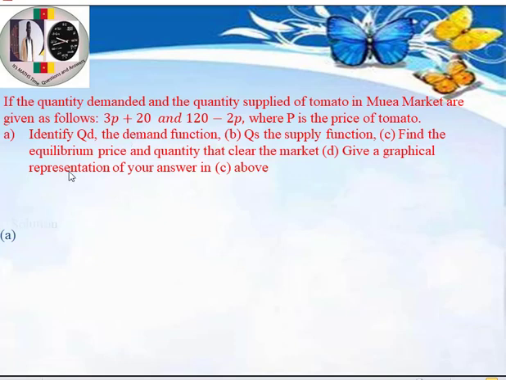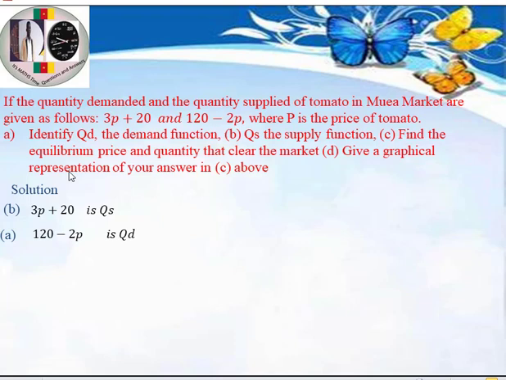Therefore, the first part, which says we should identify the demand function: the demand function will simply be the equation with the negative sign, and the supply function will be the equation with the positive sign. So the supply function will be nothing but 3p plus 20, and the demand function will be 120 minus 2p.